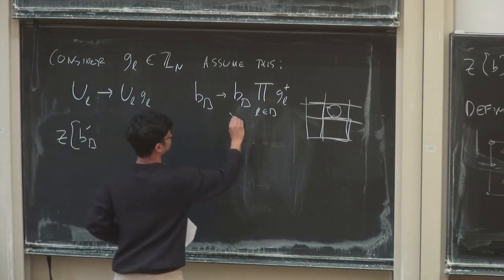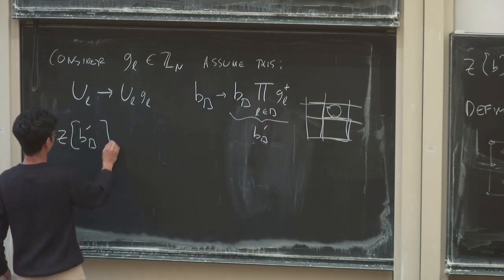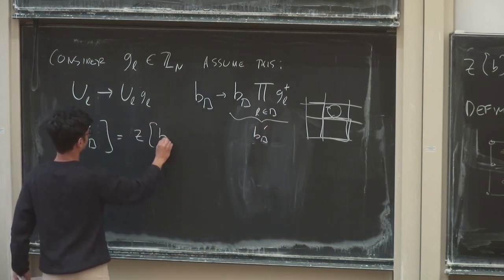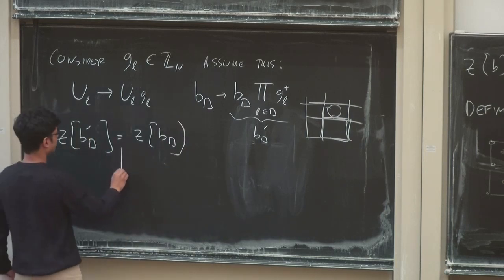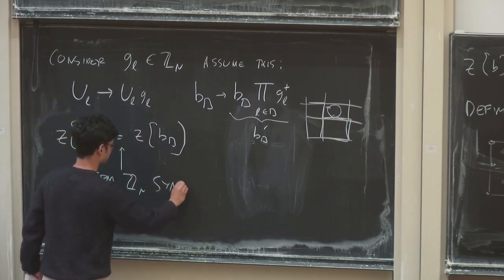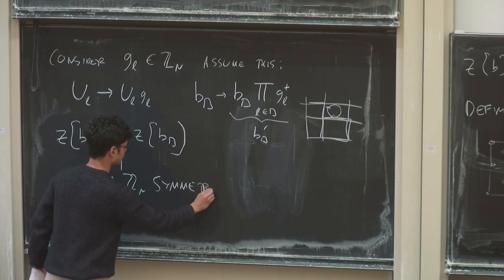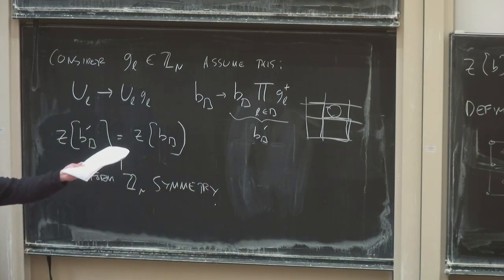So if I call this B box prime, Z of B box prime is equal to Z of B box. So this again is equivalent to the existence of a one-form Zn symmetry. Okay? So this is equivalent to the existence of a Gukov-Witten surface operator. These are the same statement.